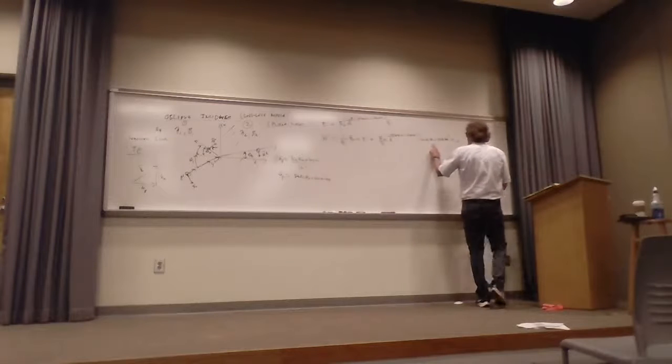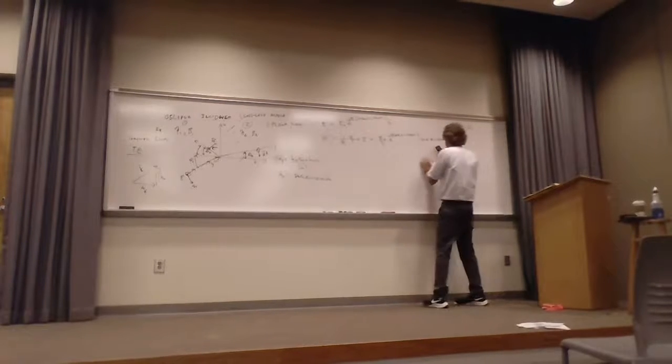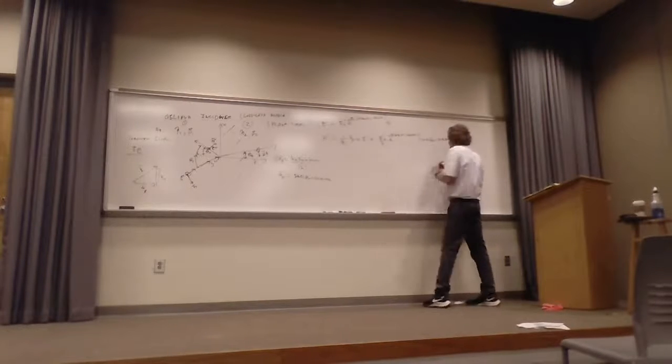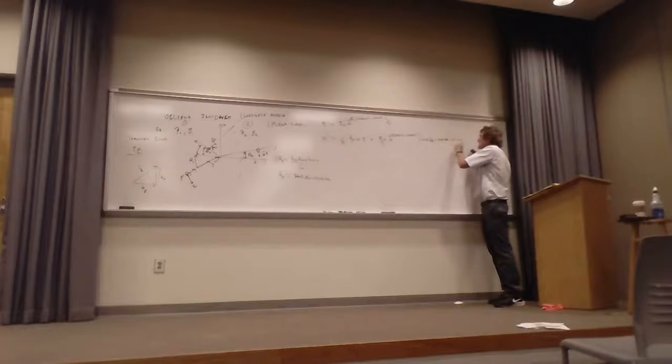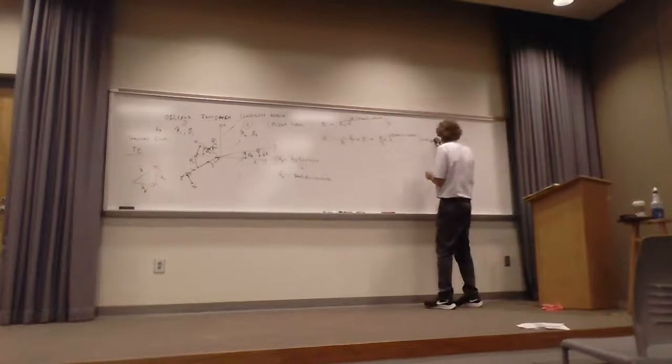I got ax crossed into ay is az. Yeah. So I'm going to sort of cheat. az, right? And then I have what? az crossed into ay, which is minus ax.